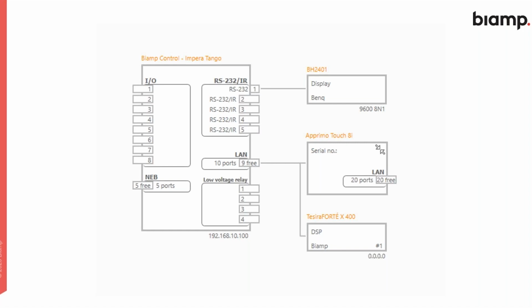But the Touch 8i can also program or control up to 20 LAN devices. So here you've got an enormous capacity for controlling 30 devices between them. And you can share the responsibilities of those between the controllers, the Touch 8i and the Tango, plus have the touch panel control system as required, plus the interfaces on touch panels or web apps, for example.